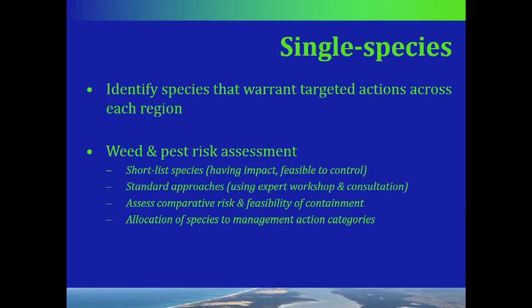Then, as I said, we used standard approaches, expert workshops, and consultation with people that know where weeds are and know how to control them, and essentially looked to assess the comparative risk of each weed species and also the feasibility of containment. In turn, species were allocated to management categories.